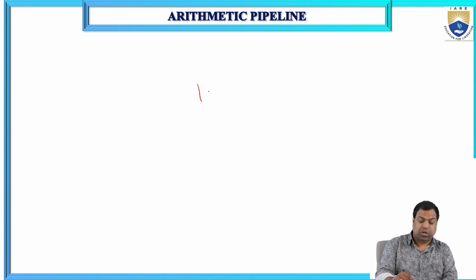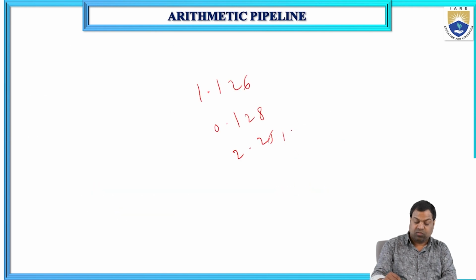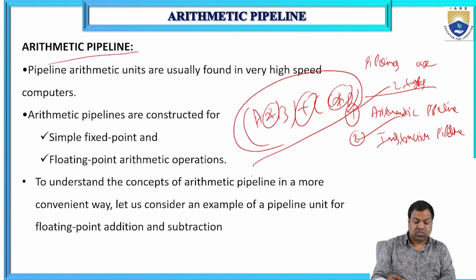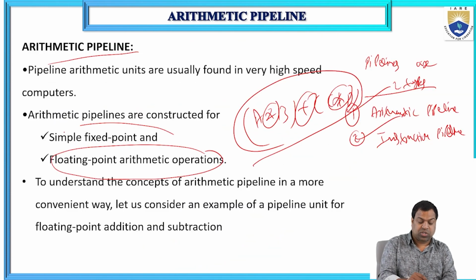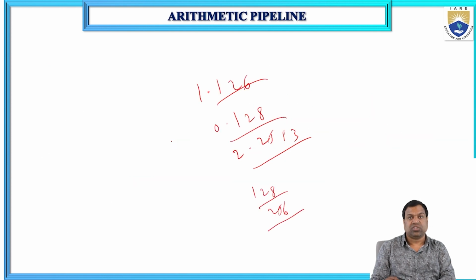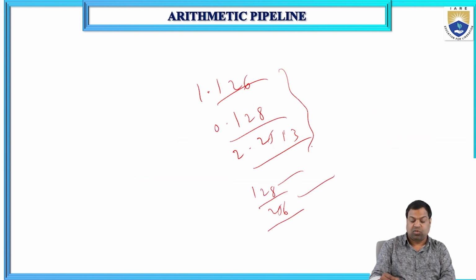Floating point means values like 1.126, 0.128, 2.25, while 128 and 256 are integer values. These are the floating point values. So here I am taking floating point arithmetic operations or fixed point operations. These are the fixed and these are the floating point values.